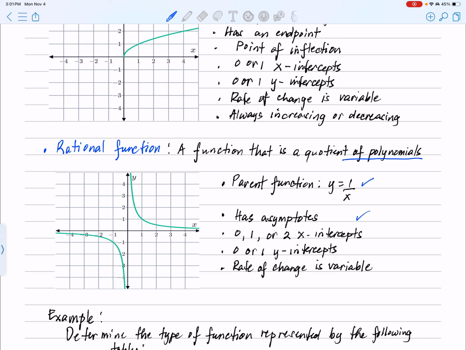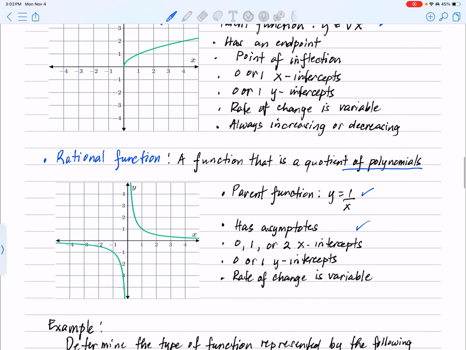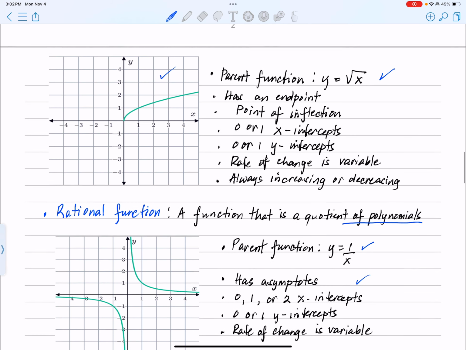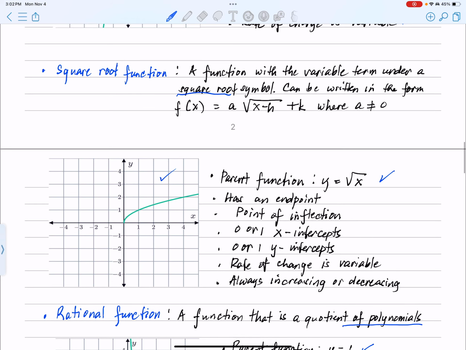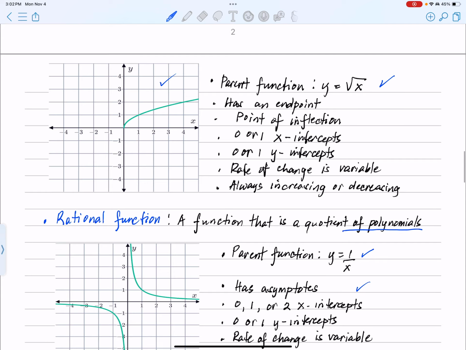It has 0, 1, or 2 x-intercepts, 0 or 1 y-intercepts, and the rate of change is variable. I hope you have remembered all of this, the families of function that you have learned already in your Algebra 1.